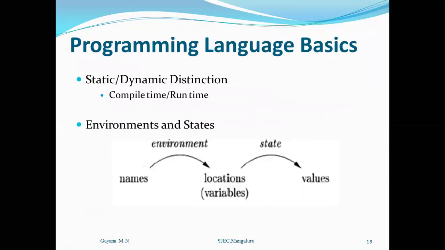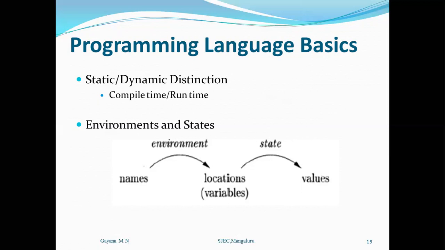Okay, now with this idea, some of the little basics of programming languages we need to know. All these concepts are known to you, but still we will have a look, because these concepts essentially influence how a compiler has to be designed. Starting with the static and dynamic distinction: every programming language defines its own policies, especially static and dynamic policies.